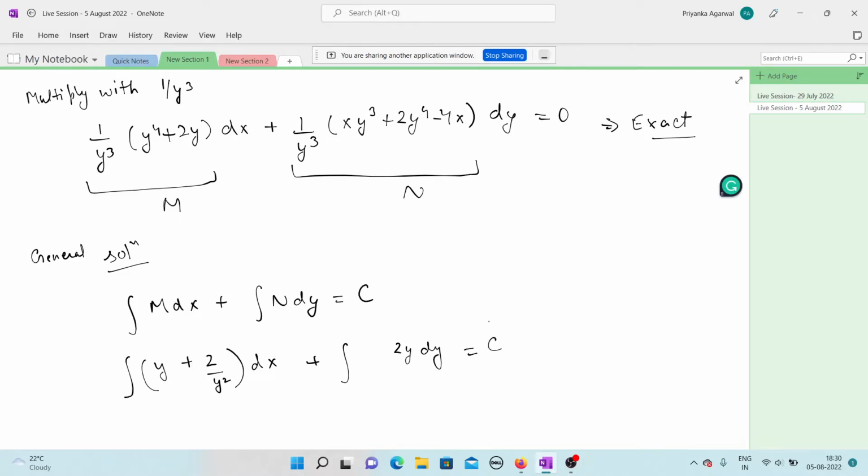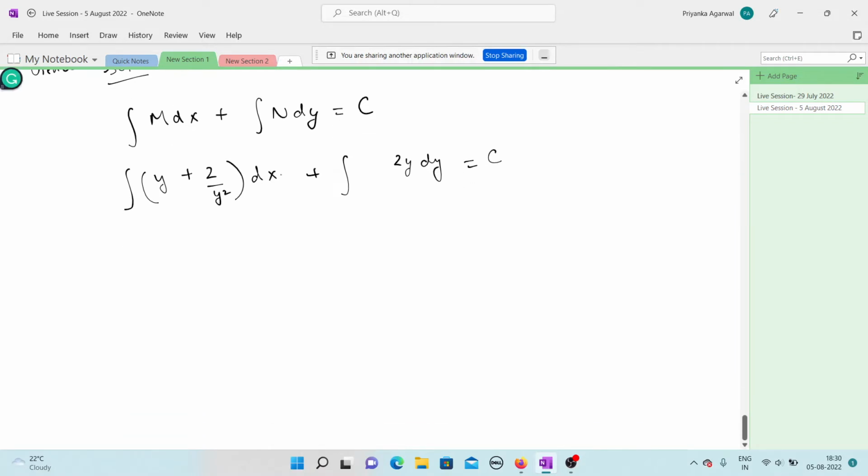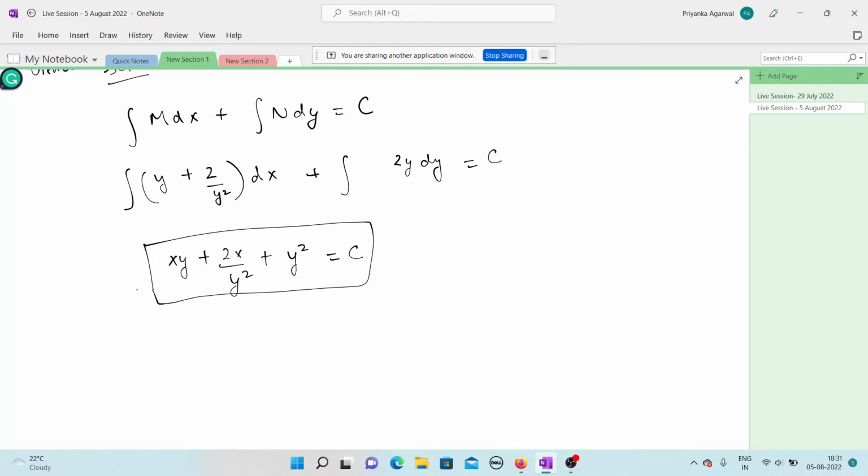As to constant. The solution will be xy plus 2x over y squared plus y squared equals to constant. So this is the solution for this exact differential equation.